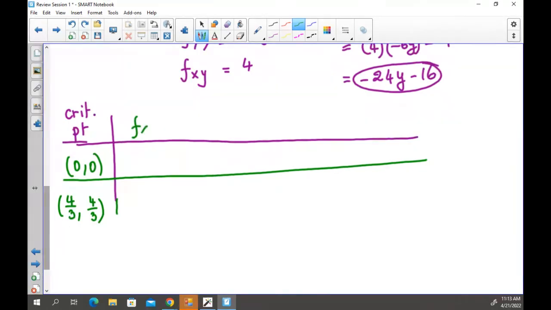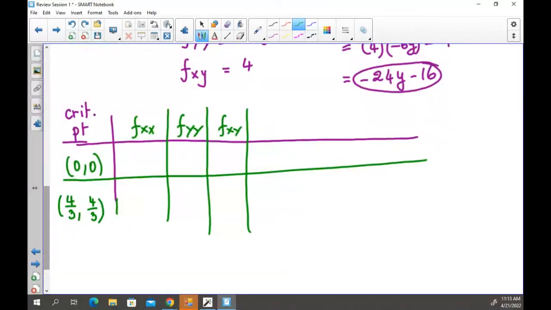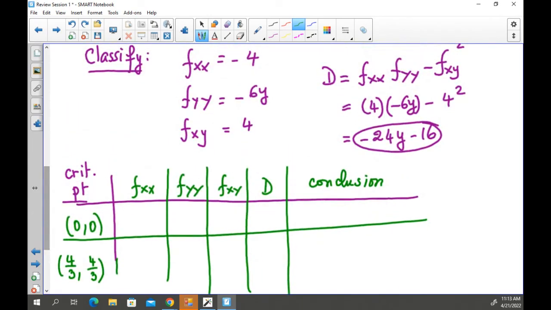Then we put here fxx, fyy, fxy, the D here, and then the conclusion. Yes, we can put the conclusion here. So now let's have a look. Fxx is minus 4, fyy is 0 at the point 0, 0, fxy is 4.